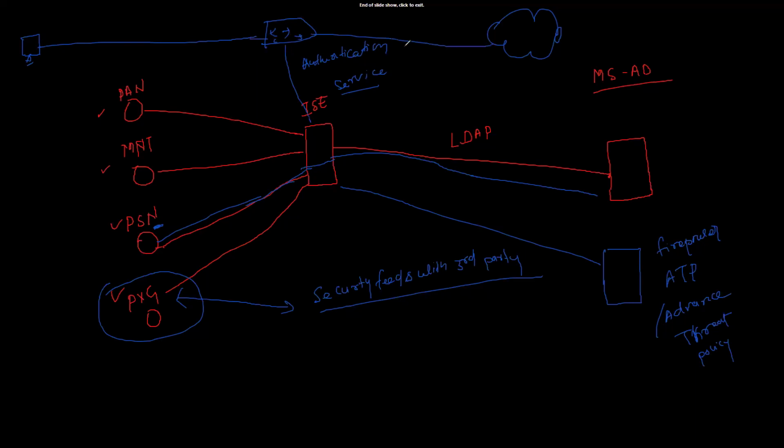But let's say on the internet, he is accessing any malicious content. And how is ISE going to determine that this is malicious content? It is taking the feeds from the Firepower that this is malicious. And if Firepower is telling this is malicious, ISE is going to send the COA, change of authority, to block this port or to block this user. So in that case, you have to use PX Grid over here, right? For security feeds only with third party. But for any kind of authentication services, you would use PSN.